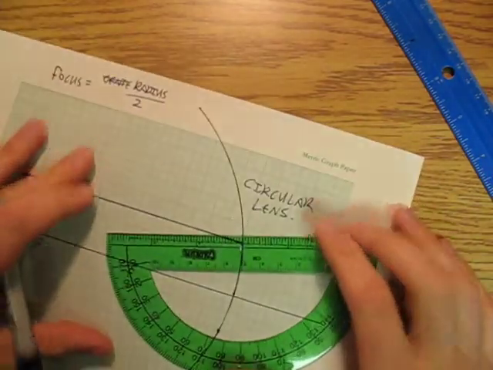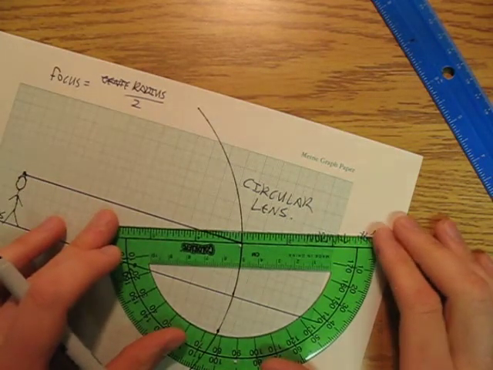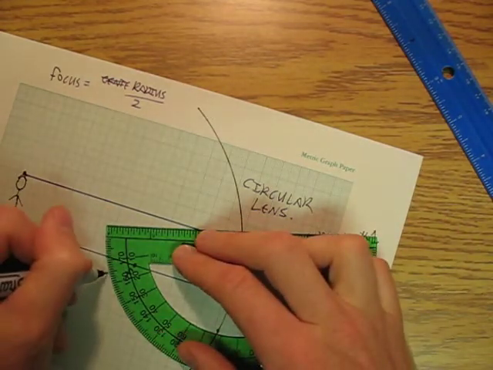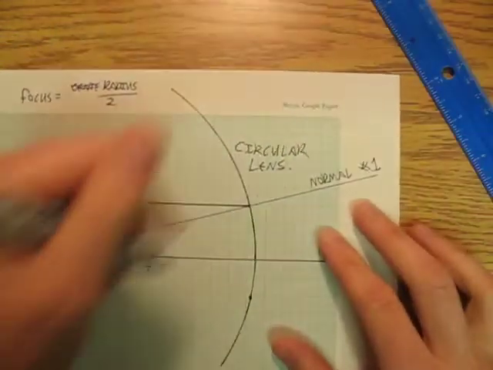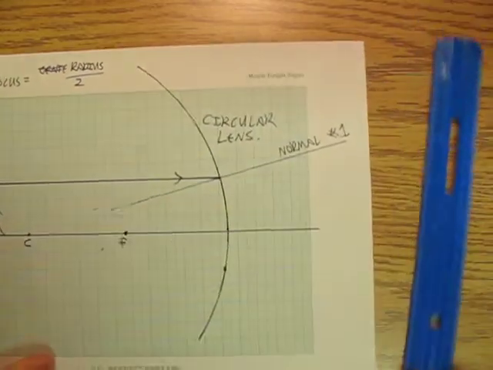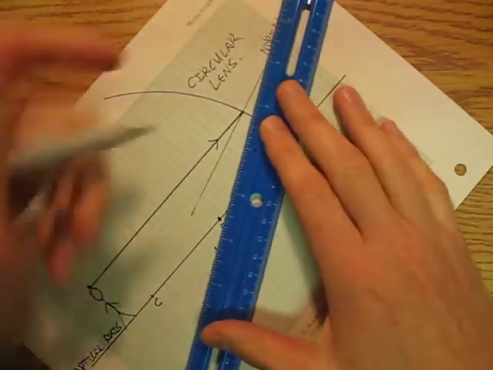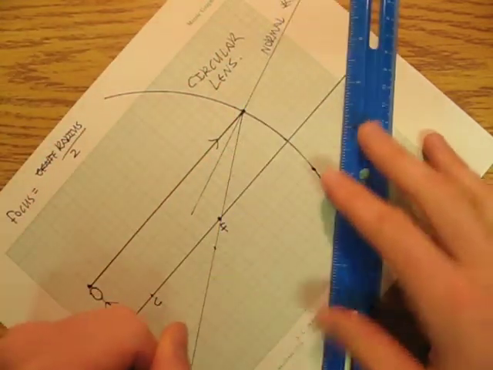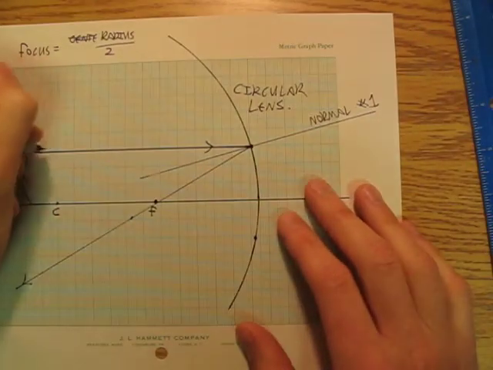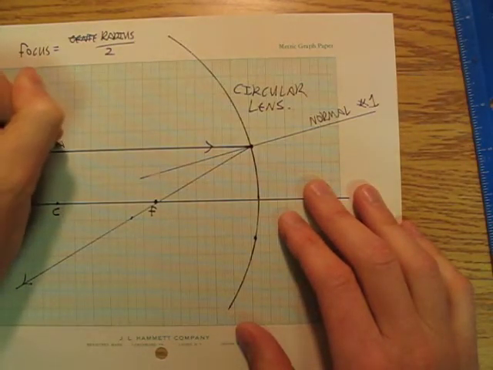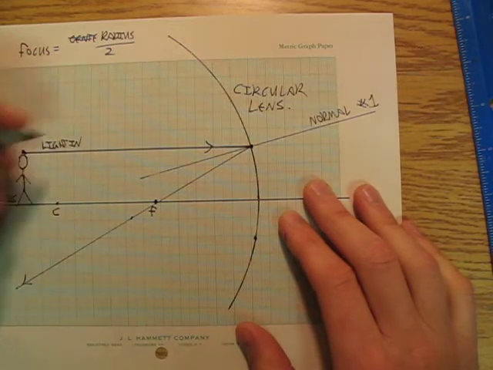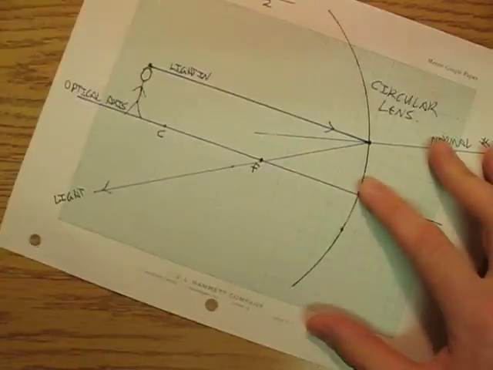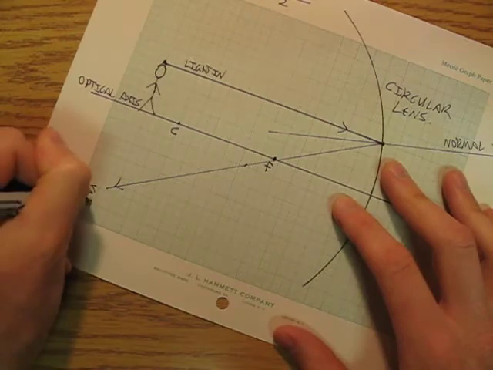So what I need to do is make the angle of reflection, and the angle of reflection is going to be 15 degrees, so it's going to be right there. And so my ray of light is going to come in along this line, and go out along this line. So this is light in, and this here is light out.